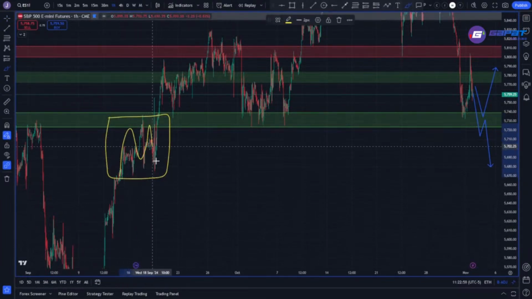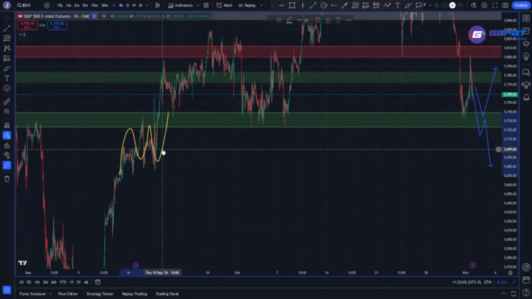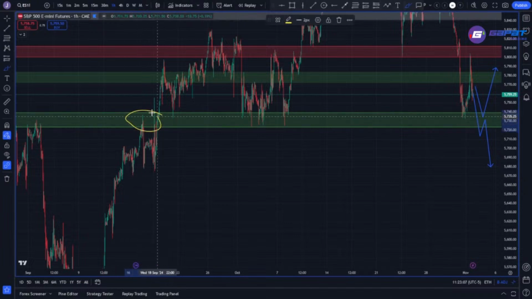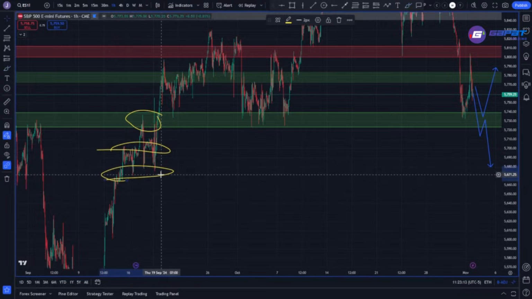Another balance area. So we're going to have two or three important levels in the balance area, but this is already the balance area high. We're going to have the high volume node right here and the balance area low right here.